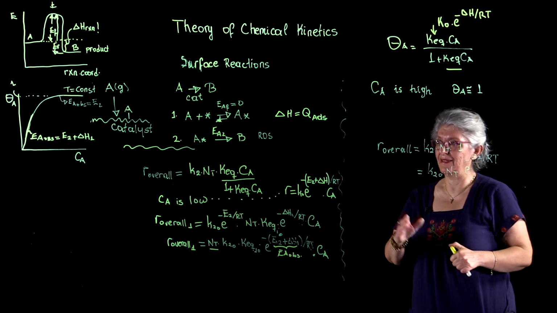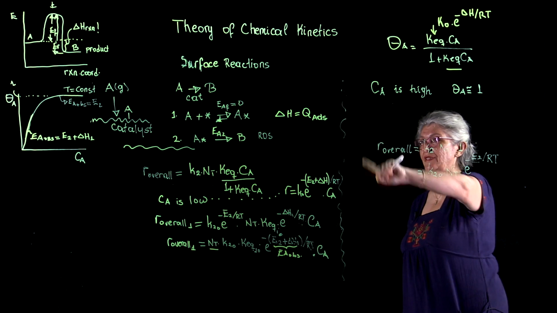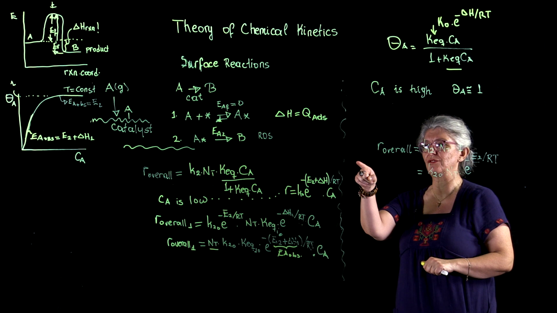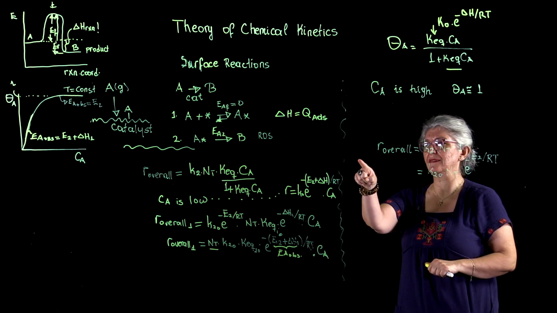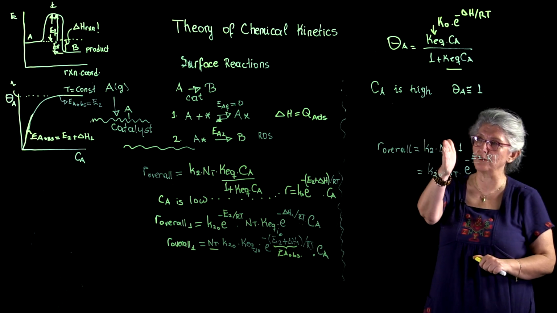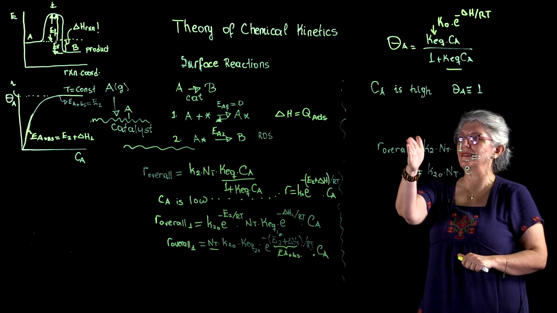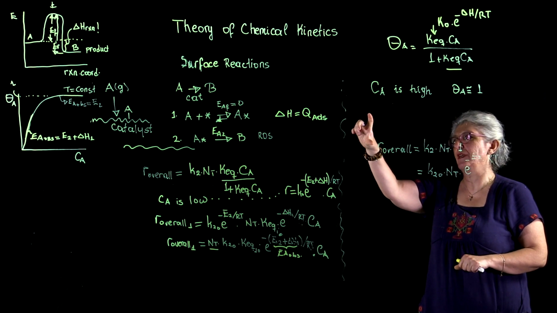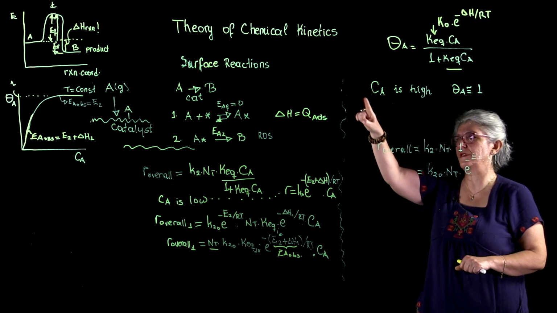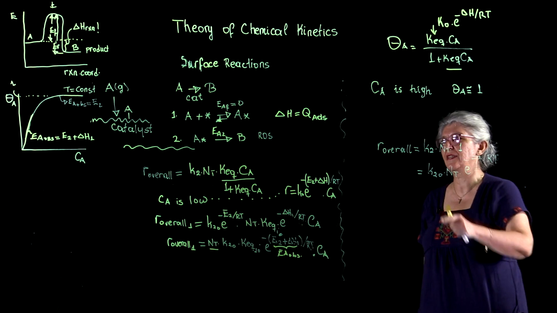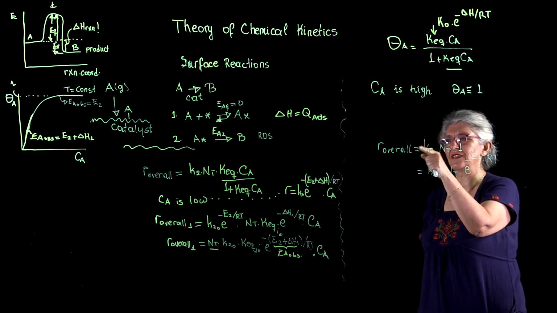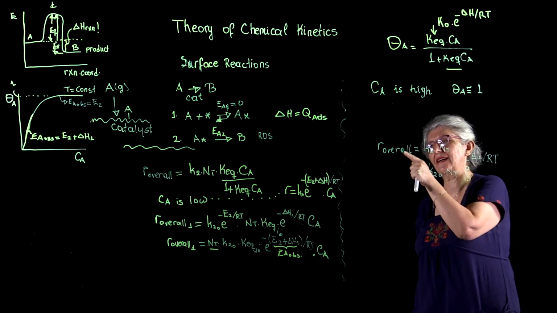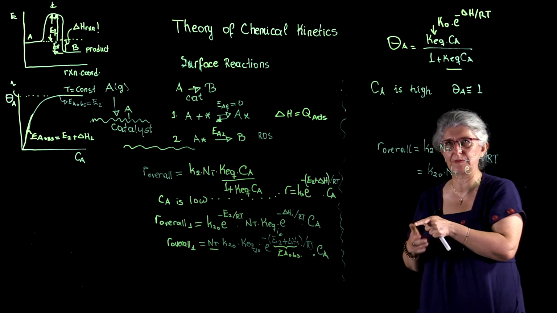So this adsorption process, we said that, is non-activated if elementary, and as a result, the forward activation energy is 0, the reverse activation energy is obviously positive. The difference between forward and reverse is negative. As a result, adsorption is exothermic.